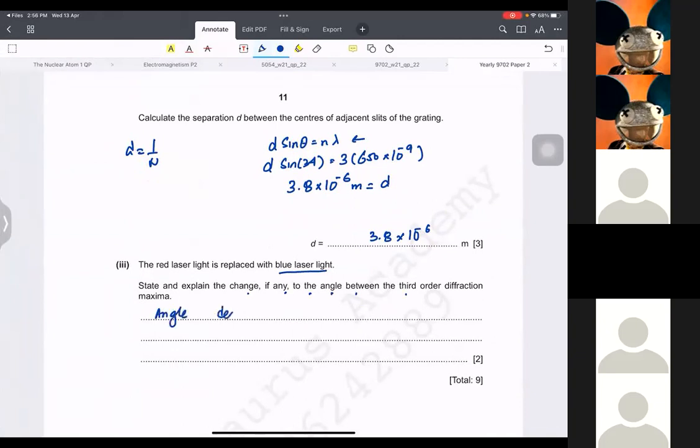Angle decreases, that is 1 mark, and the second mark, because the wavelength of blue is shorter than red light, or the greater the wavelength, the greater the diffraction you are going to witness.